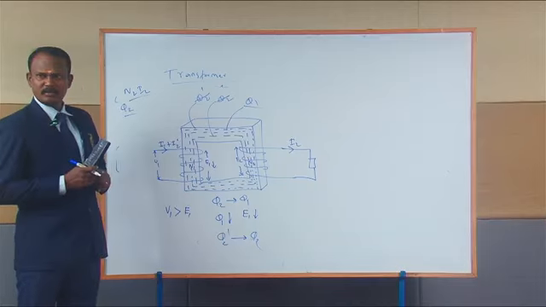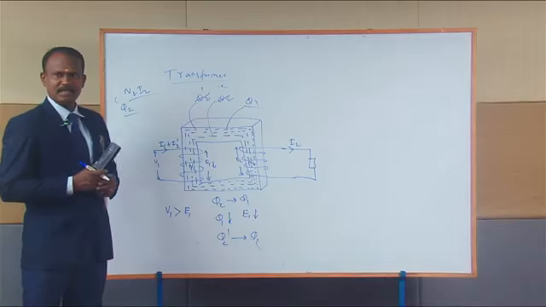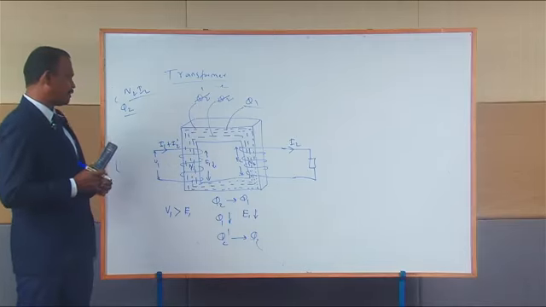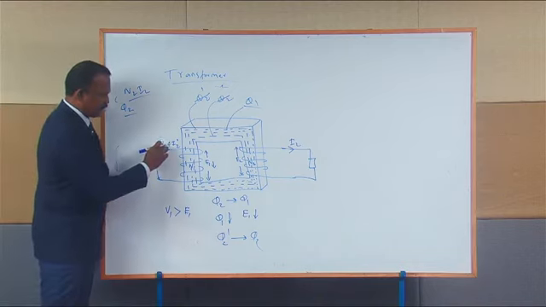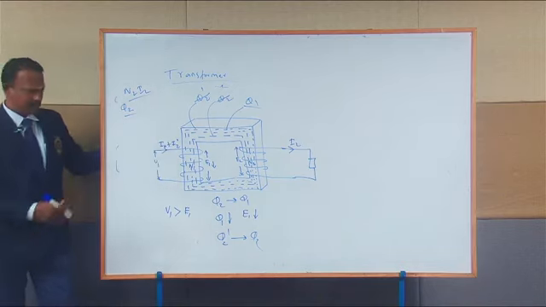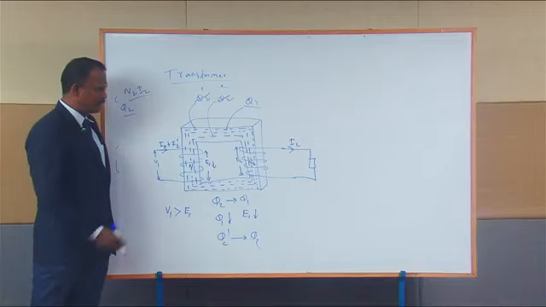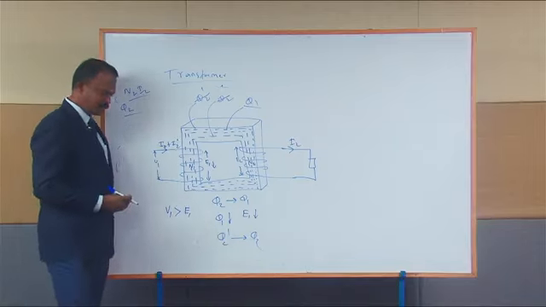Whenever you connect the load, the input supplies an additional current called I2 dash. Normally I said it is I0 under no load condition, but once you connect your load, then this I0 will become I0 plus I2 dash.